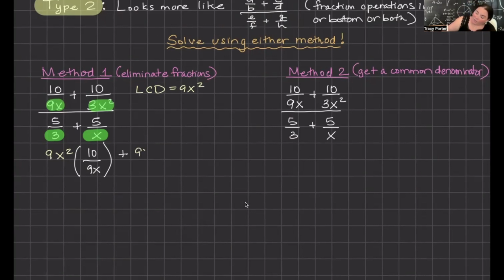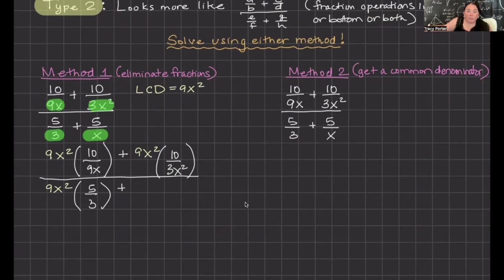And then we're going to do 9x squared times the second fraction on top. And then all of this is going to be divided by, so we'll have 9x squared times the fraction there on the bottom, which is just 5/3. And then once again, you have a 9x squared and times the last fraction, which is a 5x.